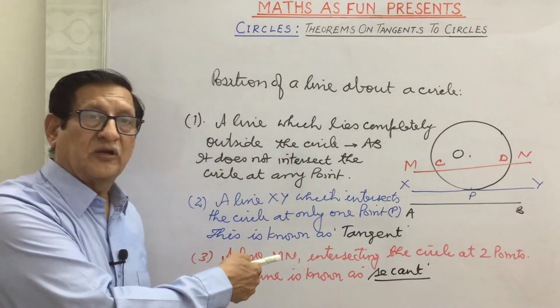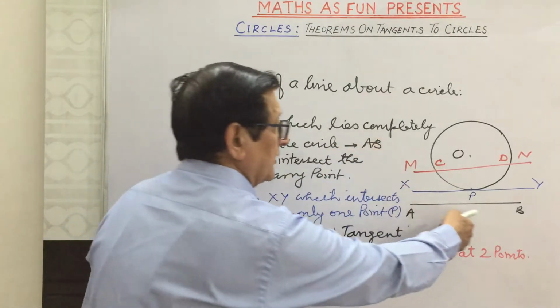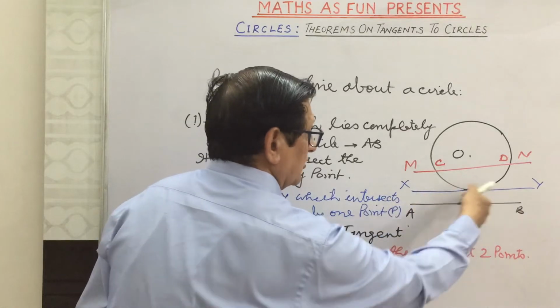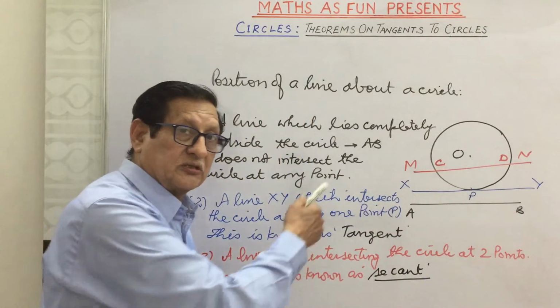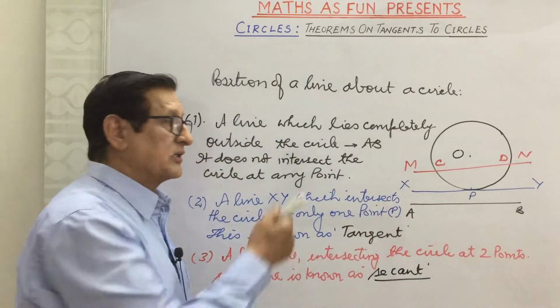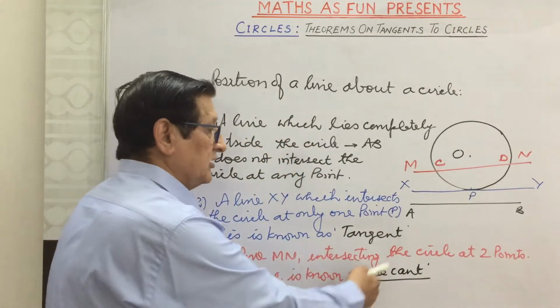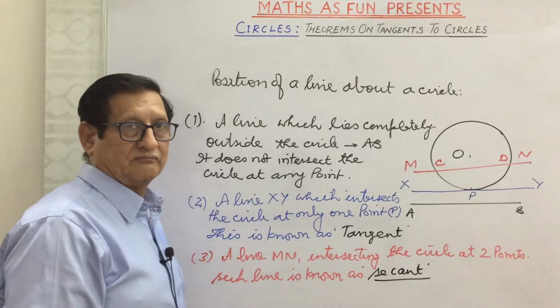So we have three different lines. One is lying completely outside the circle. Second is which is intersecting at only one point, known as the tangent to the circle. And the third is which is intersecting at two different points, is known as the secant to the circle.